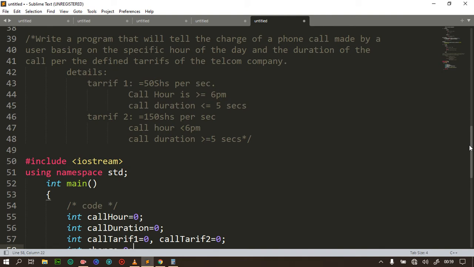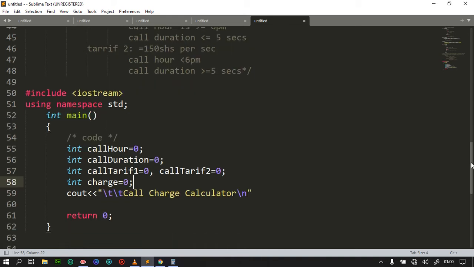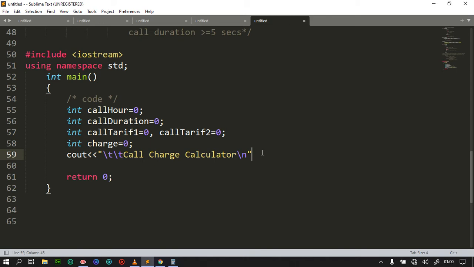What if, I'm thinking there is a possibility where we have less than 6 p.m. call hour, then greater or equal to, then less or equal to 5. Okay, so I think that is okay. But basically what I'm looking for is nesting, the if and the if else for this case.